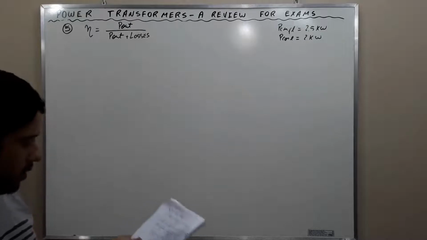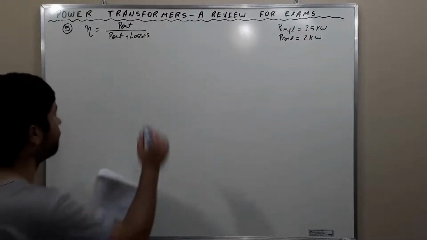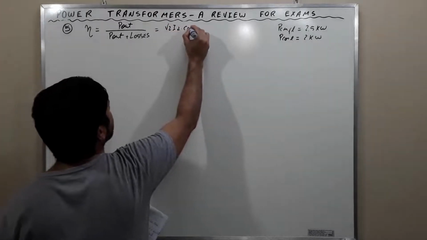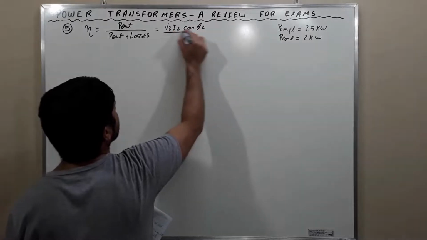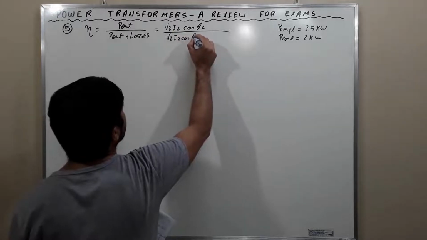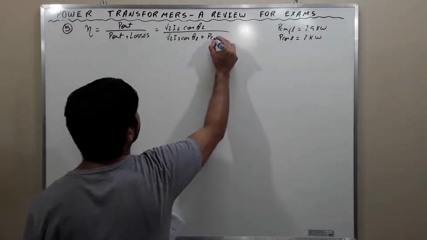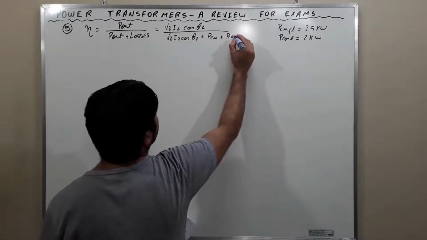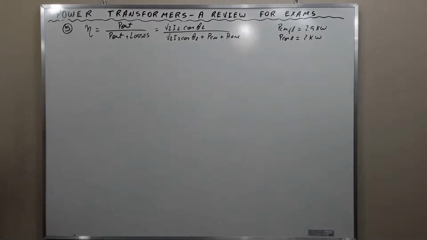Then we can rewrite this expression as, okay? This is the expression of the efficiency. We want to maximize it.